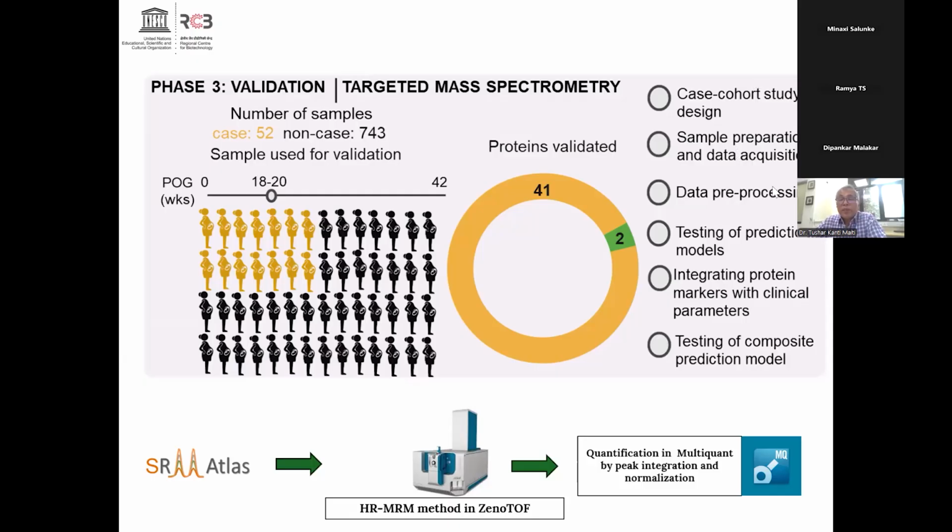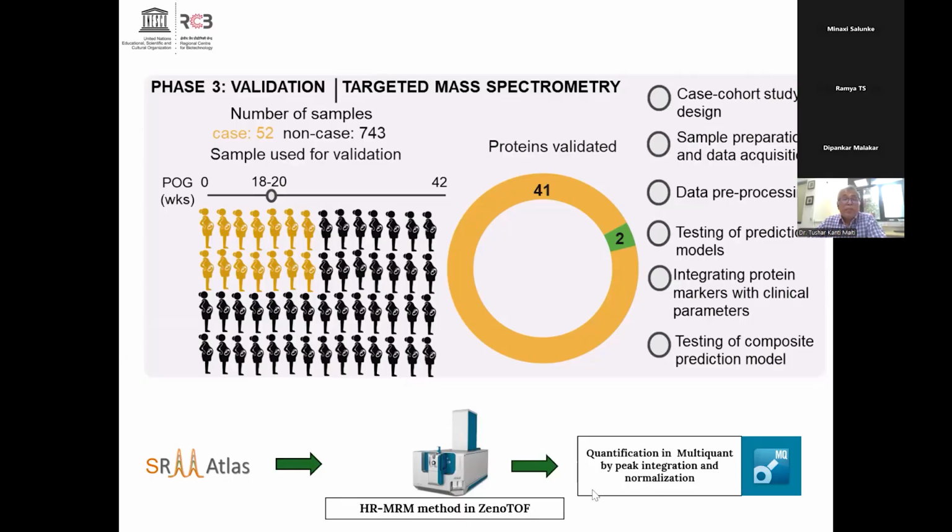So sample preparation is carried out, then data processing. Subsequently we took the V2 time point, 18 to 20 weeks, and for the features identified earlier, we performed the HR MRM in the ZenoTOF mode. This data was then analyzed, with peak integrations and peak normalizations carried out in the multi-point.